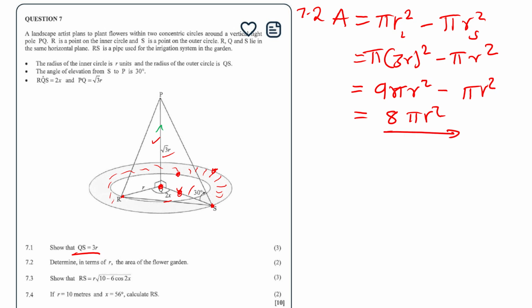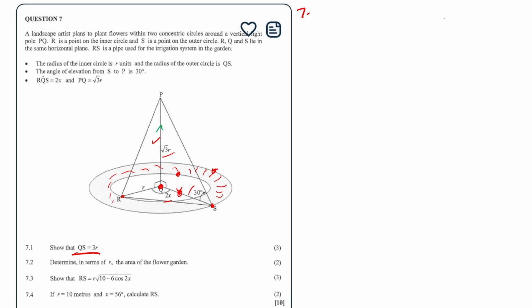7.3. So for 7.3, they are saying show that RS is equal to r multiplied by the square root of 10 minus 6 cos 2x. Therefore we can use the cosine rule, right?